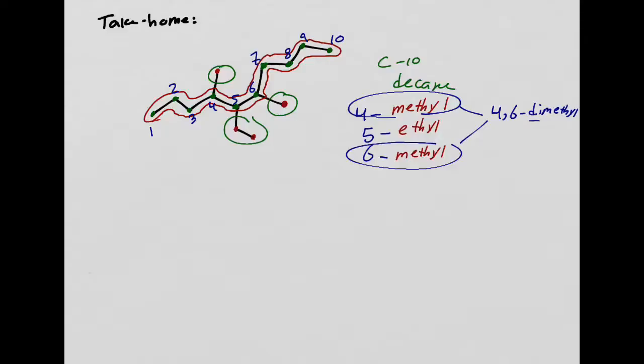Now, the last thing to do, we did that last time a lot, to put it all together, you put the substituent first and then you put the parent, the carbon chain. Alphabetical. Ethyl, E has to be first. So 5-ethyl, 4,6-dimethyl decane.